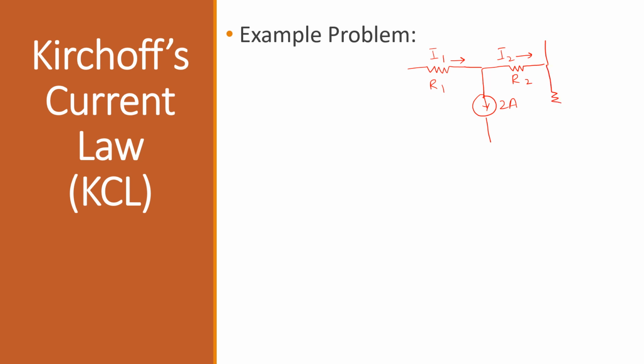This is R3 and I3 is flowing in this direction, and here is another current source I4. Now, if I1 is 6 amperes, I3 is 9 amperes, and I2 is unknown, and I4 is also unknown.